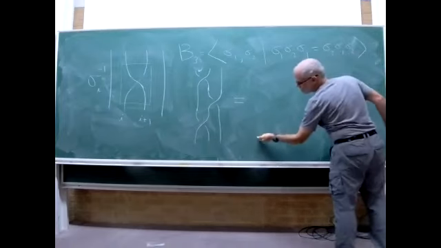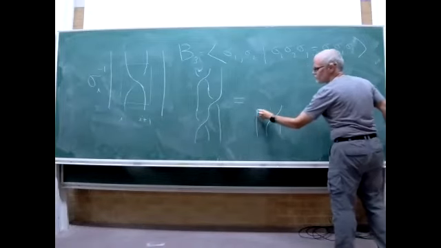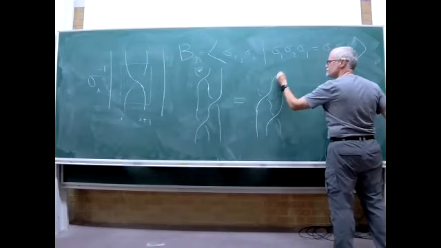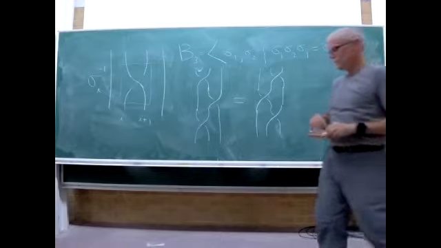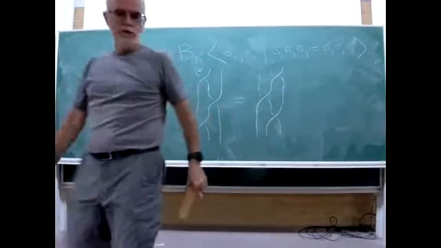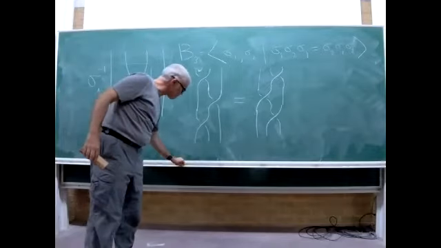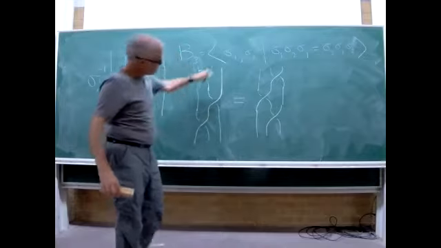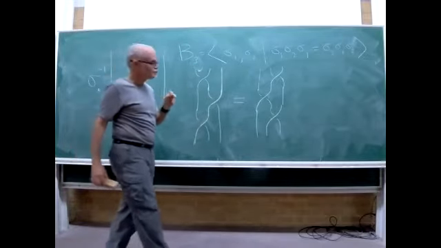So let's draw that. So we draw a sigma 2. We draw a sigma 1. And then we draw another sigma 2. Okay. So now you do a proof by staring. And you notice that the top string goes between 1 and 3 above all the other strings.